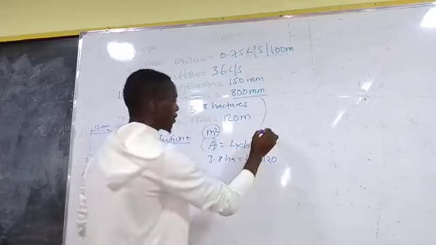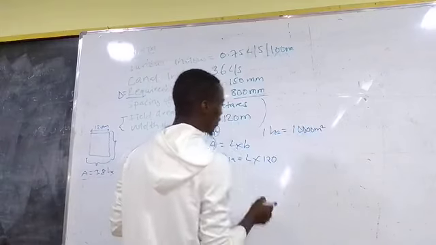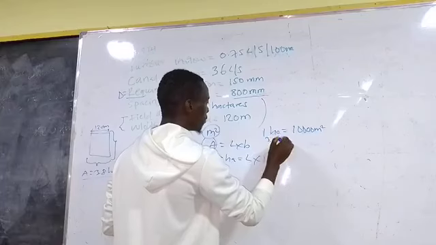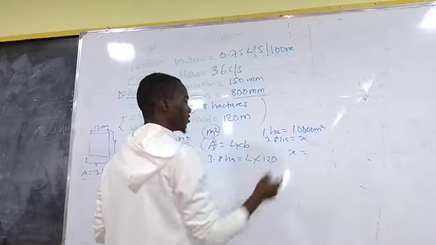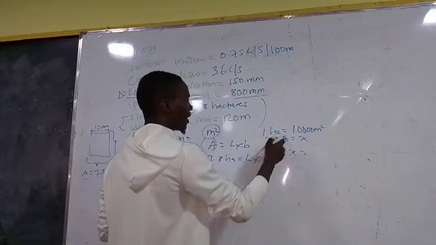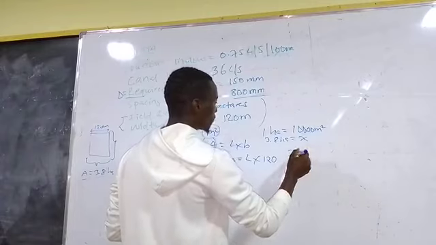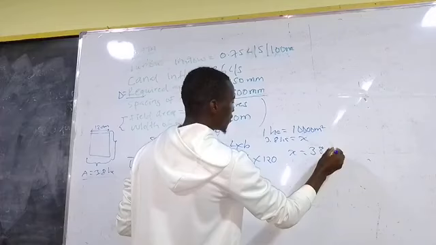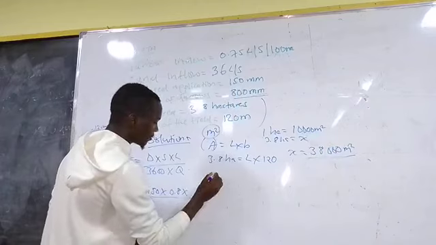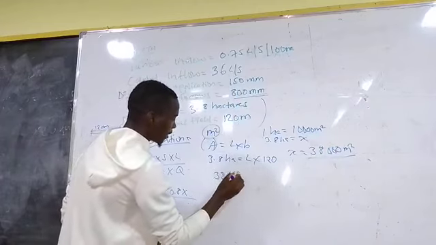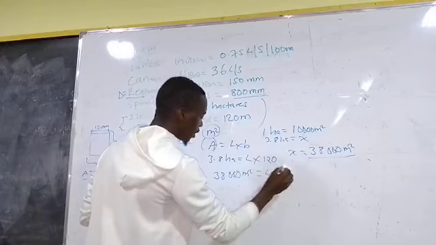We all know that 1 hectare is equal to 10,000 square meters. What about 3.8? So X is equal to 3.8 times 10,000, which gives 38,000 square meters. So 38,000 square meters is equal to L times 120.